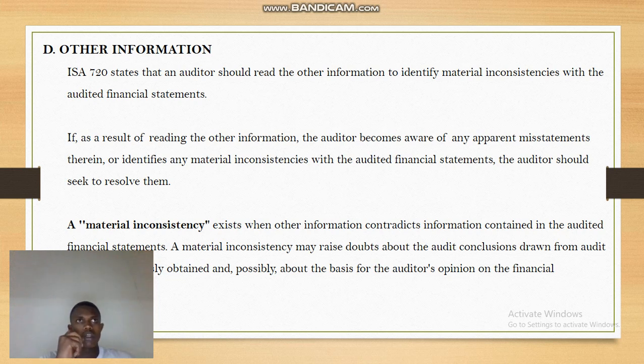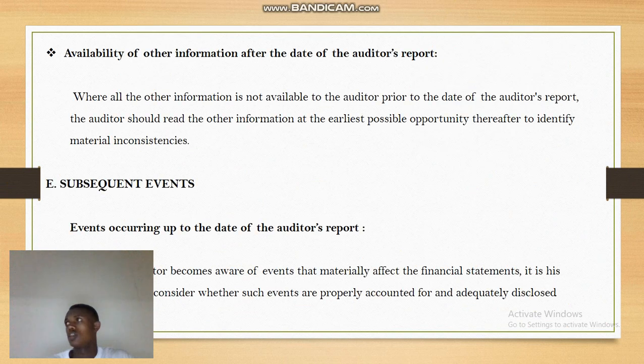This is where the information you get contradicts the information from the financial statement you have audited. Here lies a problem, where you try to make sure which is the true one and which is the false one. That is what you call material inconsistency.